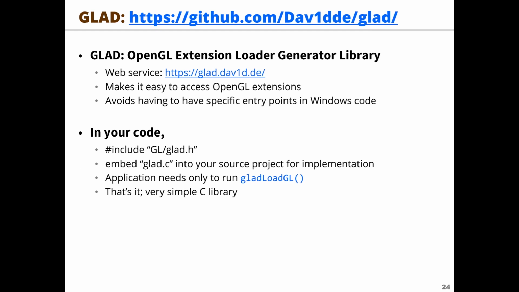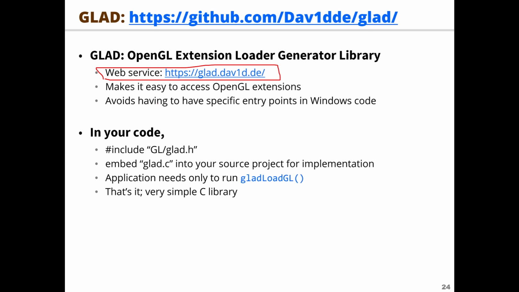So next is GLAD. GLAD is an OpenGL extension loader generator library. So you can find it on this website. On this website, you can download GLAD, and also you can generate the header file and C file.